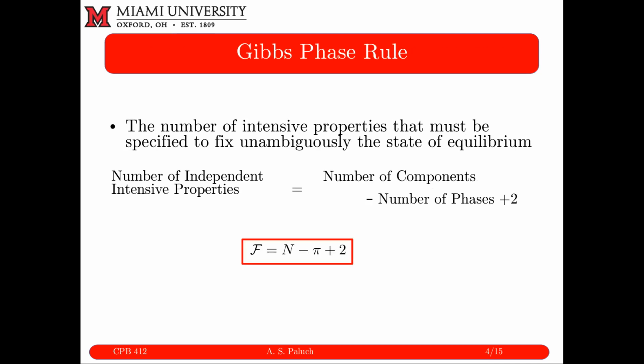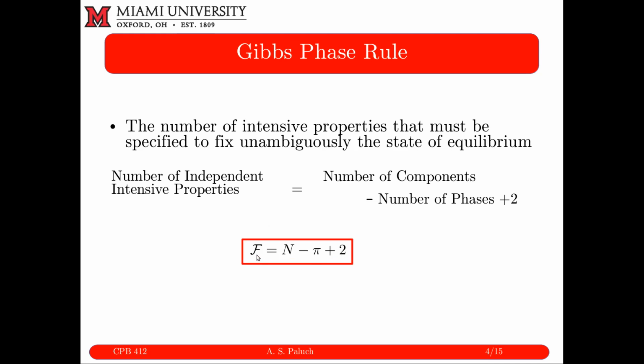I mentioned on the first slide we're going to talk about Gibbs phase rule. Well, here it is in all its glory. In the text we introduce Gibbs phase rule much later, but I think it's important to introduce it here very early on, and then to keep that in mind as we work through the material. So the Gibbs phase rule is F equals n minus pi plus 2.